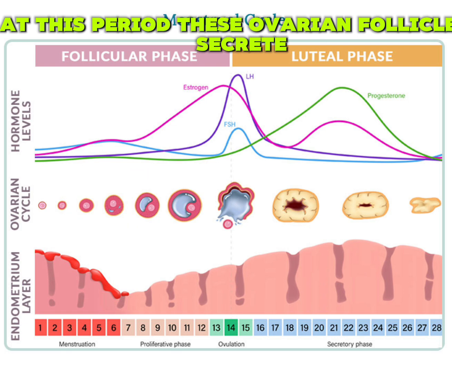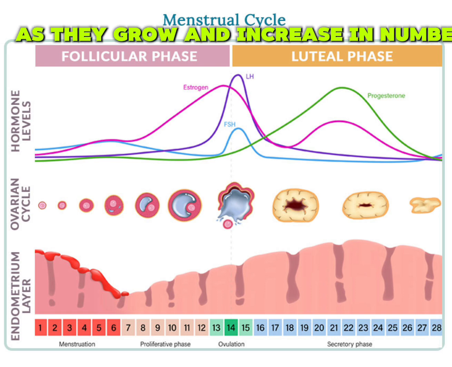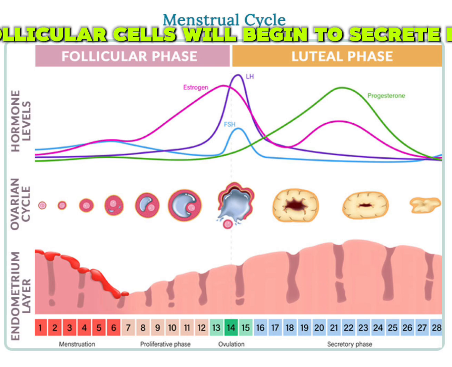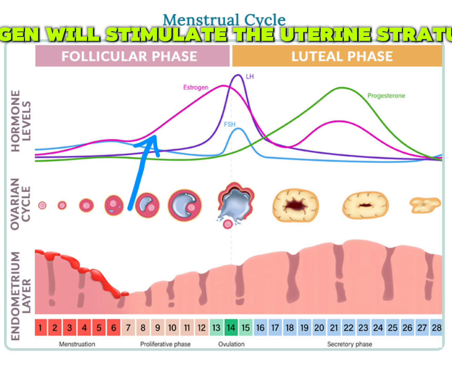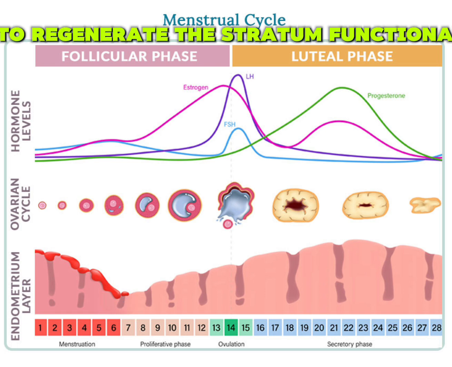And at this period, as they develop, the follicular cells around them grow and increase in number, and will begin to secrete estrogen mostly. This estrogen will stimulate the uterine stratum basalis to regenerate the stratum functionalis.